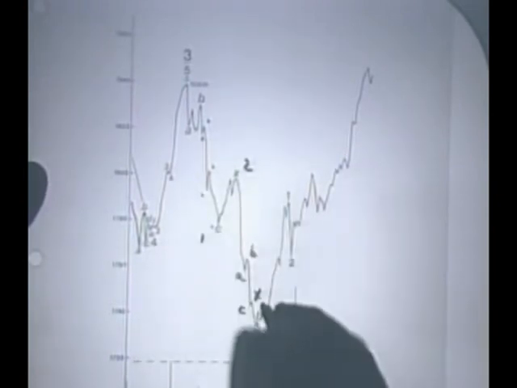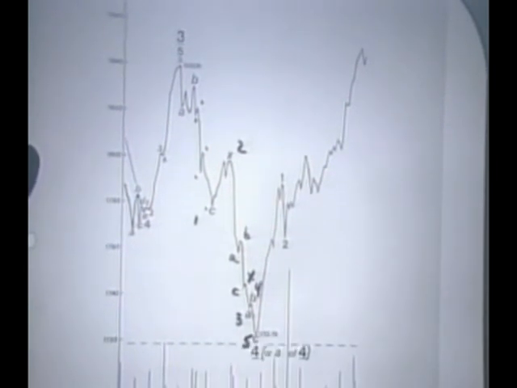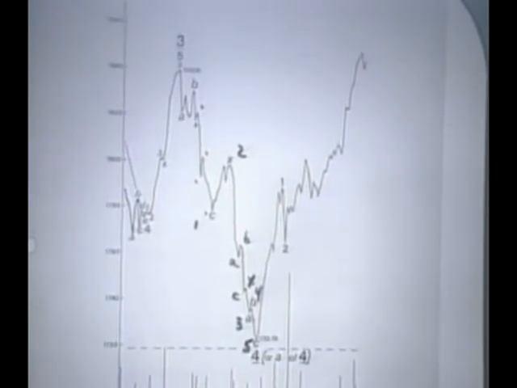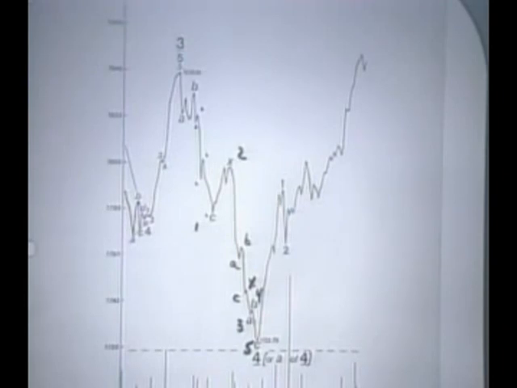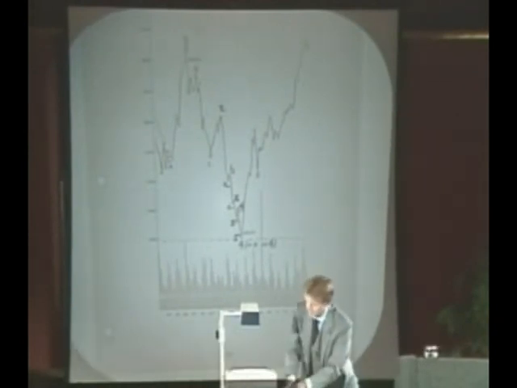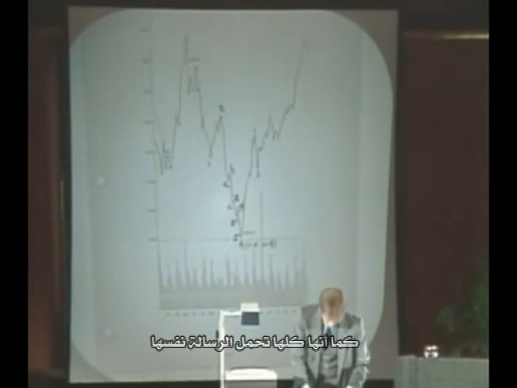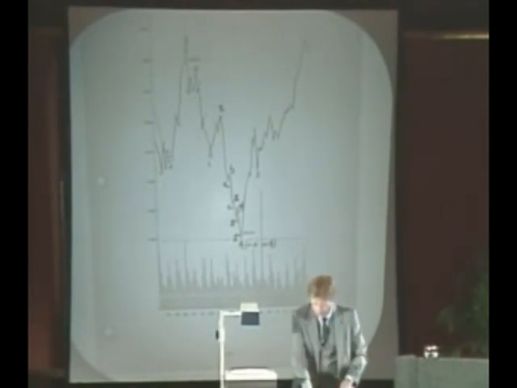Everyone see that? 1, 2, 3, 4, 5, finishing the C. Any of these 3 wave labelings is valid, because in every instance it belongs to the sharp family of corrections, so your question as far as alternation is concerned is answered, and it carries the same message. Let's take a look at page 224.